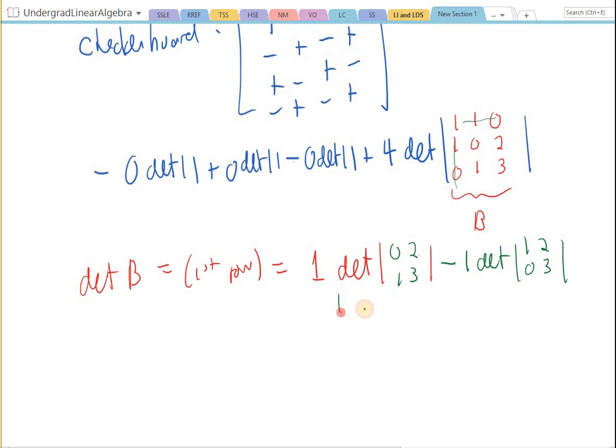Now this determinant, you should know the determinant of a 2 by 2. The determinant of a 2 by 2 is just AD minus BC, like this. So the determinant of this 2 by 2 is going to be 0 times 3 minus 1 times 2. So this is minus 2. And this determinant here is 1 times 3 minus 0 times 2. So this is going to be 3.